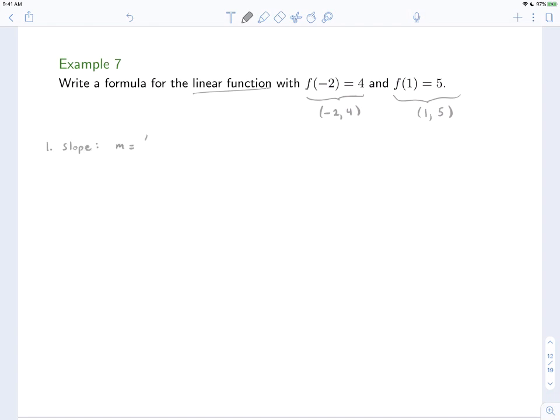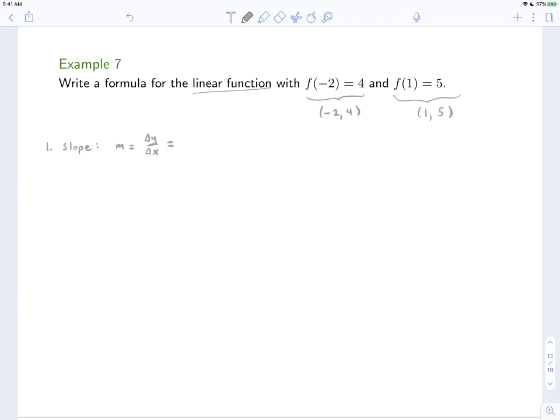So m equals the difference of the y's over the difference of the x's. So let's, again, like we have been, start with the right point, by that I mean the point that's written on the right, 1 comma 5.